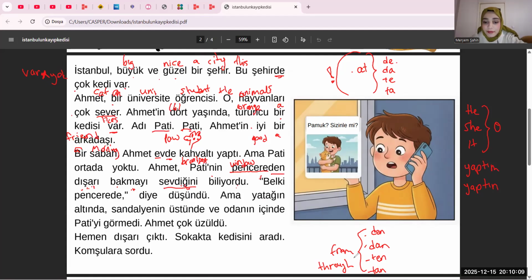Belki, maybe, pencerede. Look, there. So, at the window, diye düşündü. Düşündü. He thought. Düşündü. Past tense, okay? He thought. She thought. Düşündü. It thought. Düşündü. I thought.